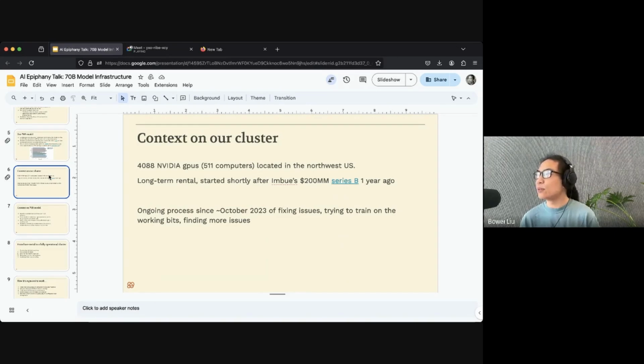So I believe we were definitely not first to get these H100s online, but I think we were the first to get these H100s online in the specific server chassis that we use. And this process started, I would say, in August 2023, and it's been ongoing.